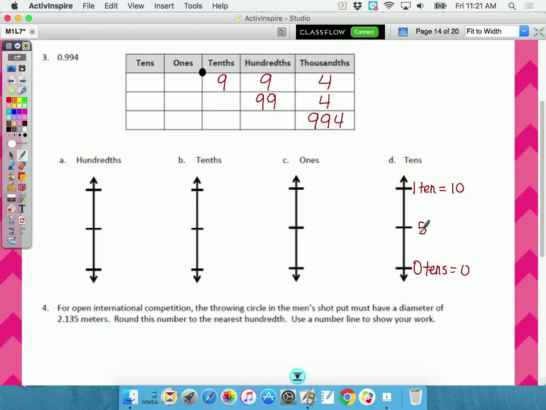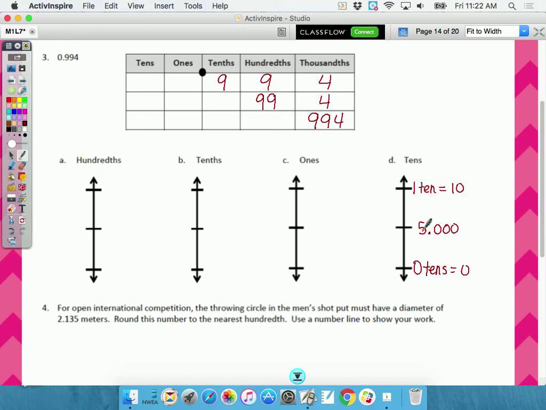So the number I'm rounding, let's take a look at this. This is 5 and then 0 thousandths, right? You know what this one is? 0 and 994 thousandths. So I've got a 5 in the ones place for my midpoint.